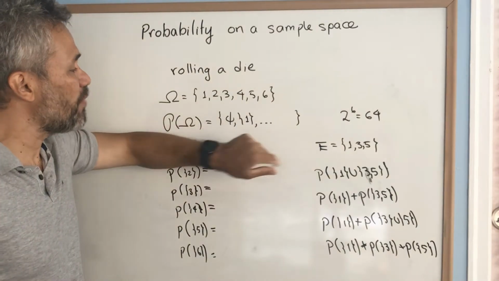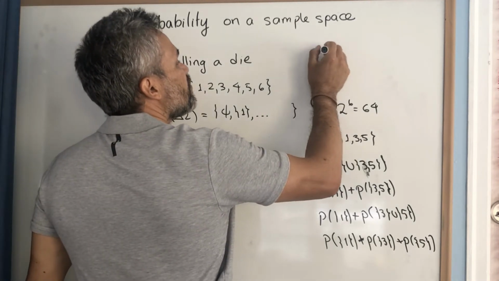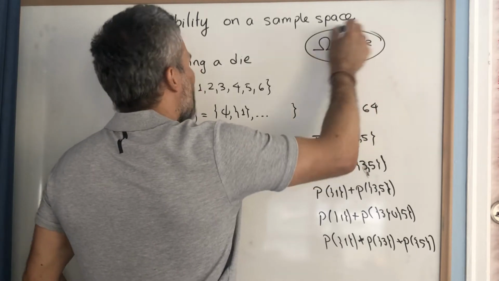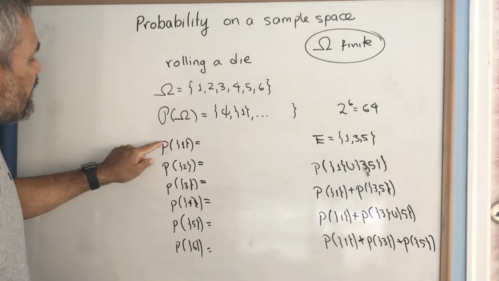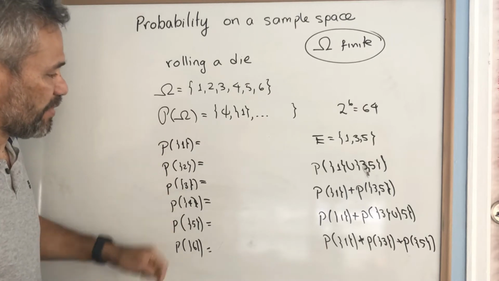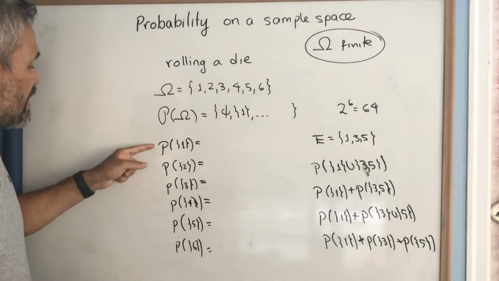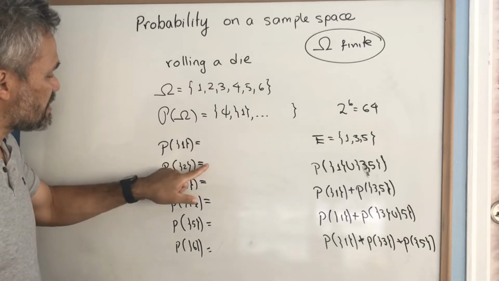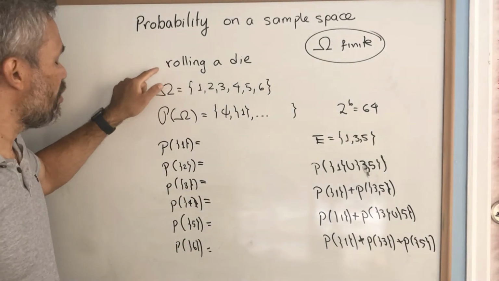Doing a similar argument, we notice that this works when omega is finite. Then we only need to define the probability of every event with only one element. We don't necessarily have to assign the probability of each one to be 1/6, because we may have the situation in which the die is loaded.